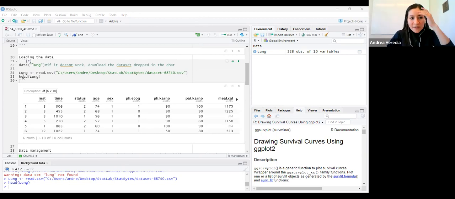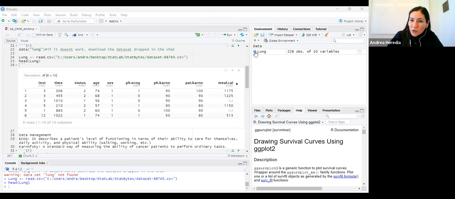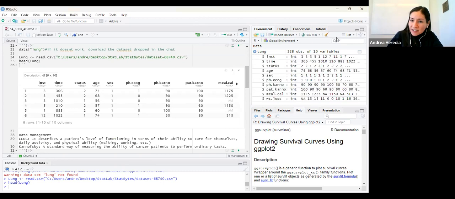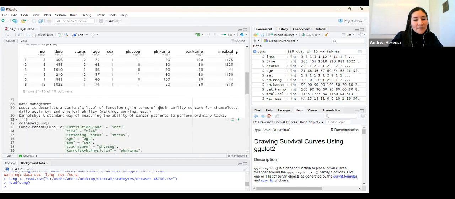Okay. So we're looking at the first 6 observations, which is what this function does. We can also open this data frame in the environment, and then you can see the type of variables that we have in this data set. And now we're gonna get to the data management part of the presentation.